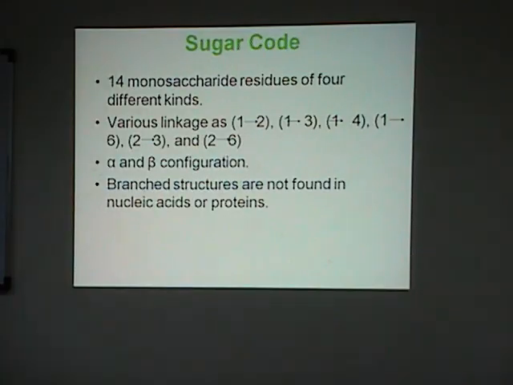Now you can think of permutation and combination. How many types of carbohydrates can be synthesized in nature? How much chance is there, how much will it contribute to the variation?